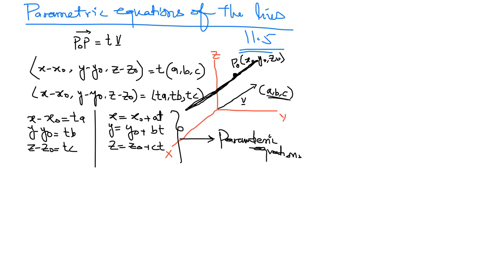Now, these three equations are the parametric equations when we talk about three-dimensional cases. If we talk about two-dimensional cases, the parametric equations just represent x and y, and in three dimensions you have to find x, y, and z.